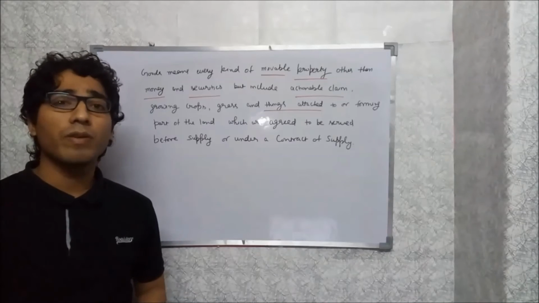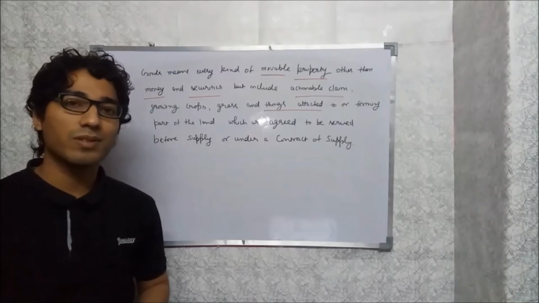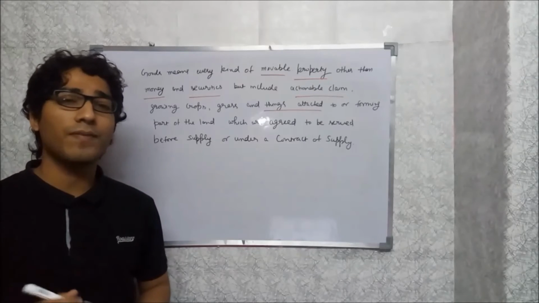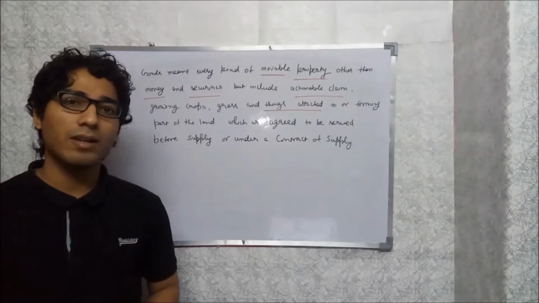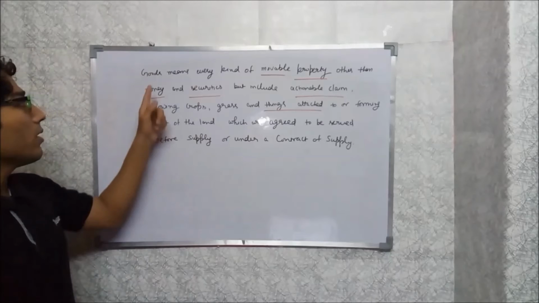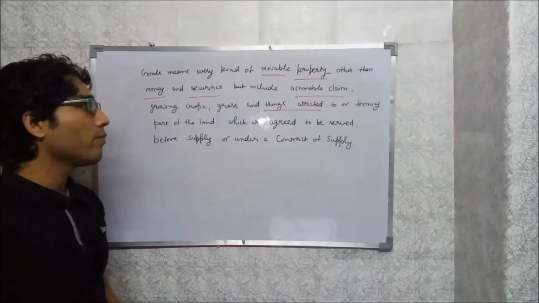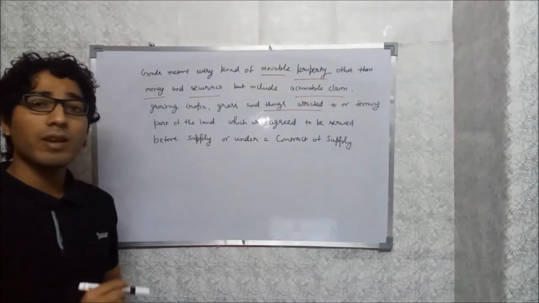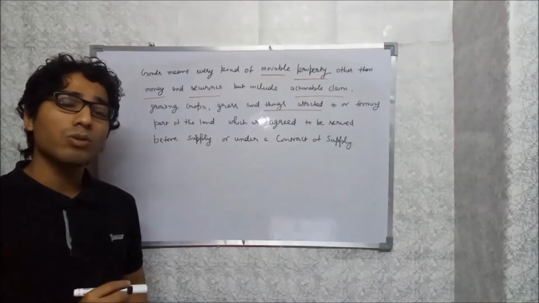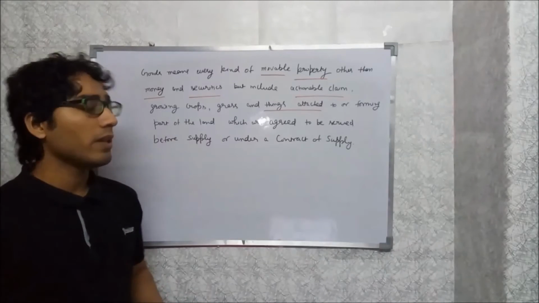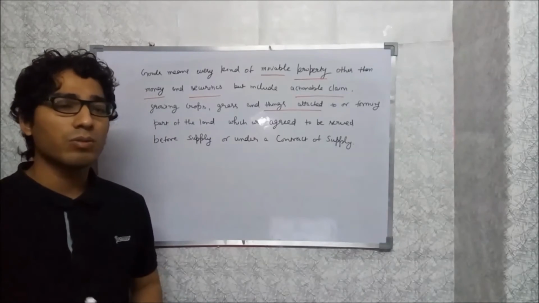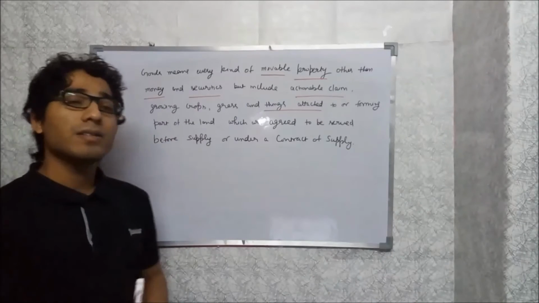We have seen the meaning of important words in the definition of goods. So now we shall go back to the definition and understand it in a better way. Goods means every kind of movable property. It means the goods should be movable, and intangible property can also be goods, other than money and securities.